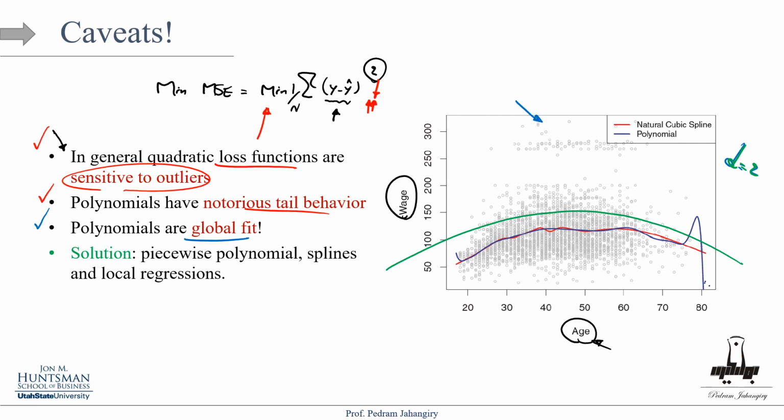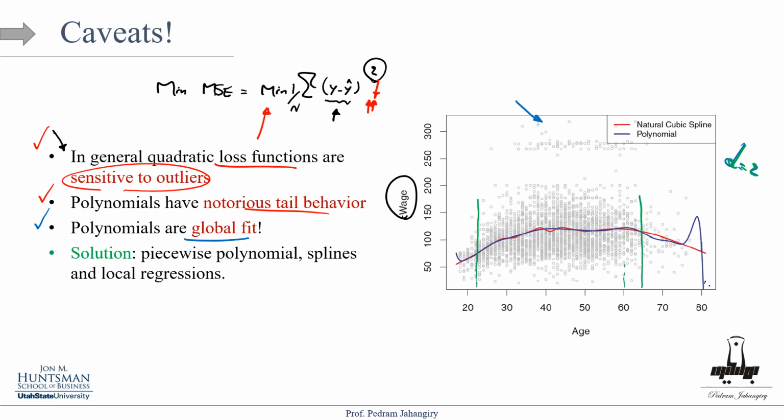It's not going to split the data into different sections based on different values of age, right? Let me tell you what I mean by that. Maybe you want to look at the effect of age on wage when age is between 24 or 25, right after graduation, and 65, right before retirement.